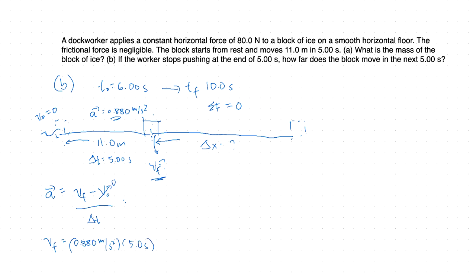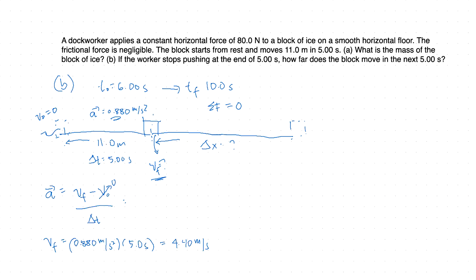So we know that the final velocity is 4.40 meters per second. So alam natin, nag-accelerate yan. Simula speed na 0, pagdating dito, 4.40 meters per second since nag-accelerate tayo, 0.880 meters per square second.